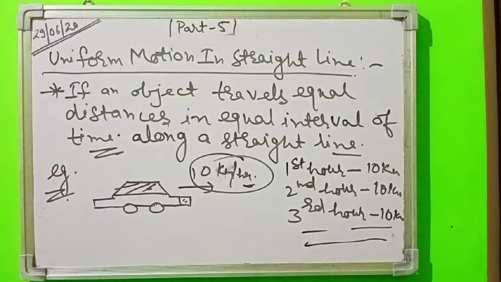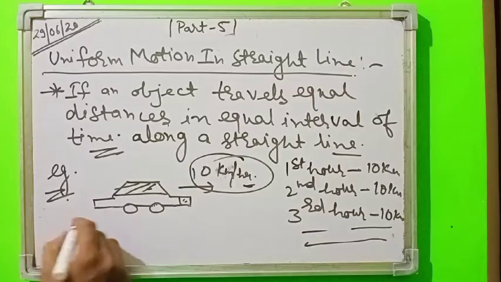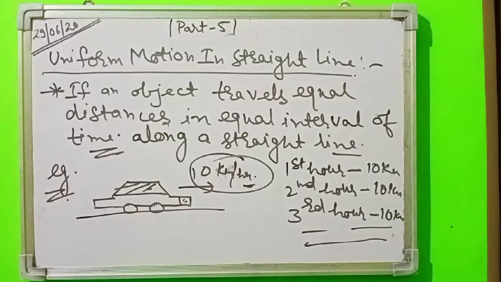Means in each hour the car is moving 10 kilometers, and this car is moving in a straight line. So the motion opted by the car is uniform motion.